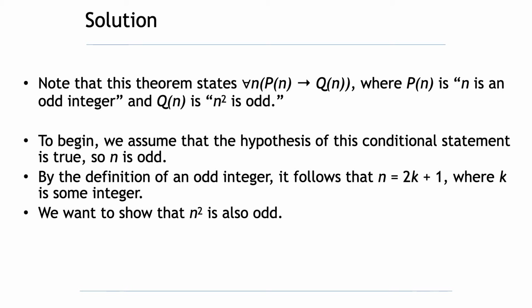So we start here assuming that the hypothesis of this conditional statement is true, which is p at n. So p at n is true, therefore n is odd. By the definition of an odd integer, it follows that n is equal to 2k plus 1, where k is some integer. We want to show that n squared is also odd.